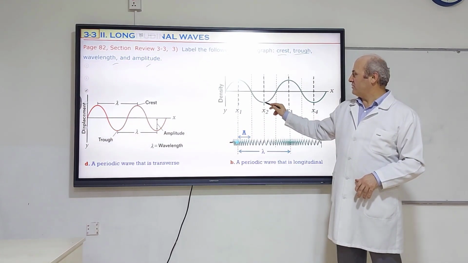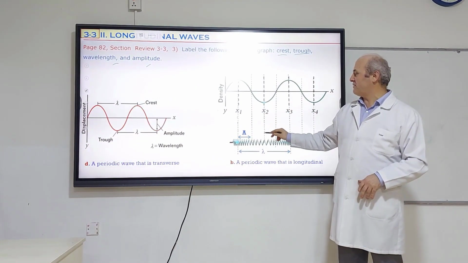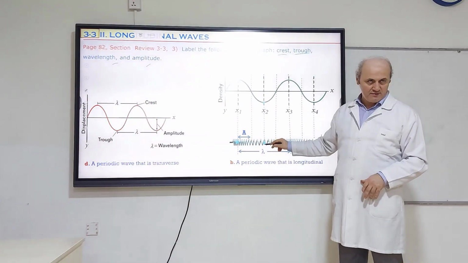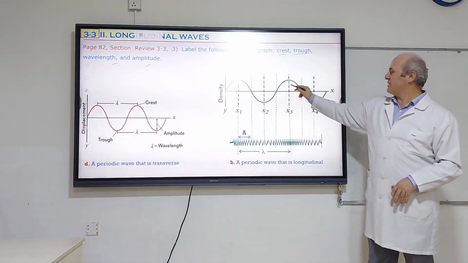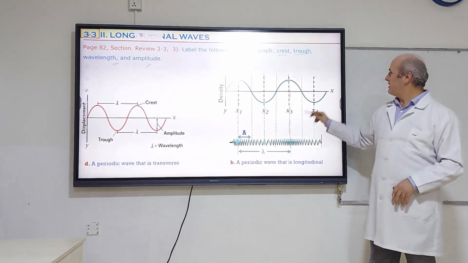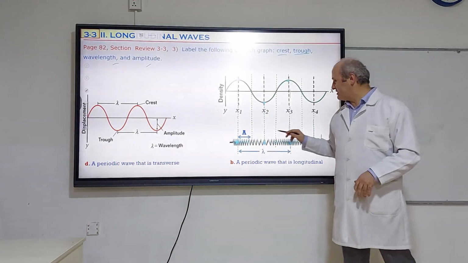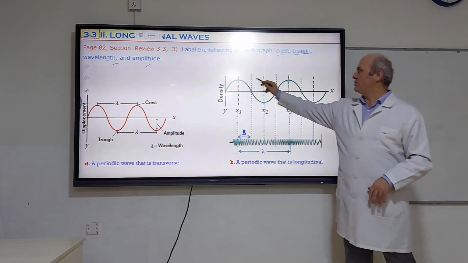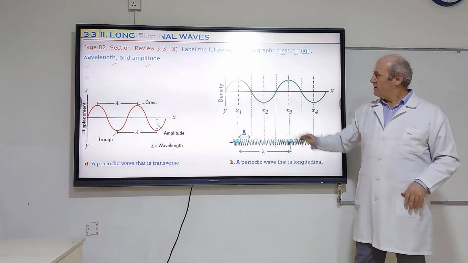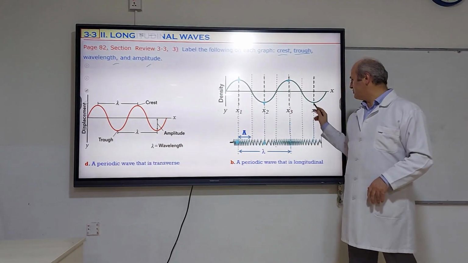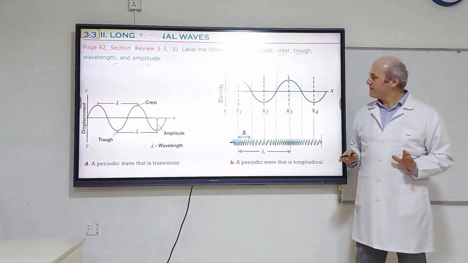Rarefaction, the trough of this wave, is a stretch region. Another crest is another compression. Another trough, another stretch region. That is, crests correspond to compressions, troughs correspond to stretch regions.